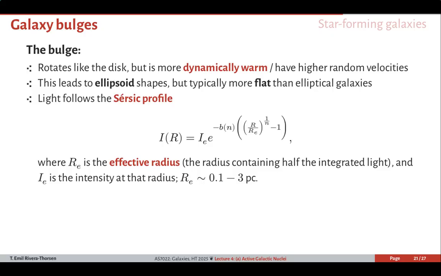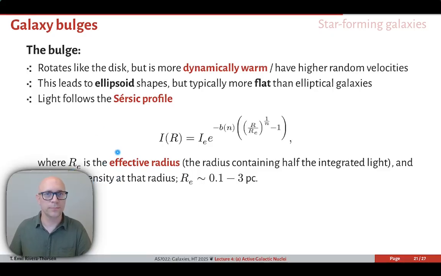And I_E is the intensity at the effective radius. And typically in spiral galaxies, the effective radius of a bulge can be very small, up to a few parsec.